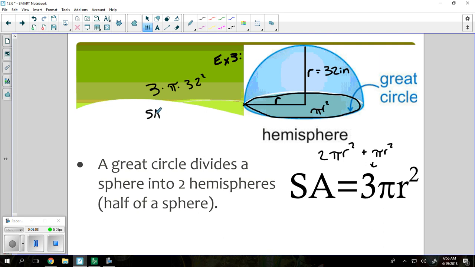So our surface area will be approximately, type this in with me, 3 times pi times 32 squared, 9,651.0 inches squared would be our round. So again, surface area of this hemisphere is 3 pi r squared, as opposed to 4 pi r squared for the whole thing.